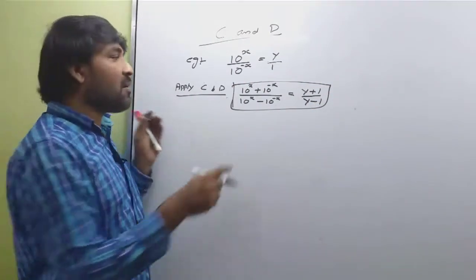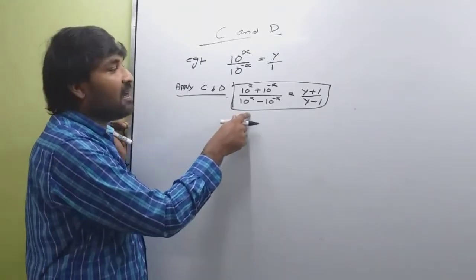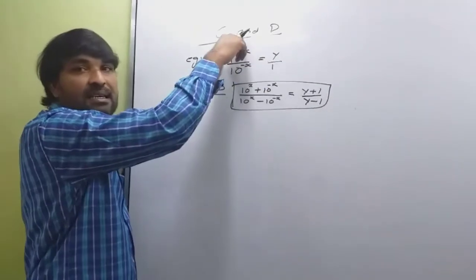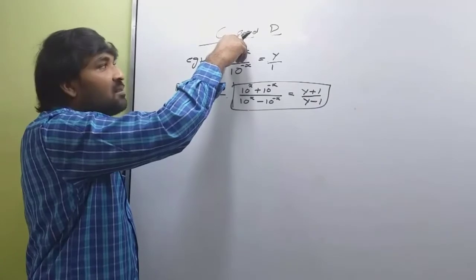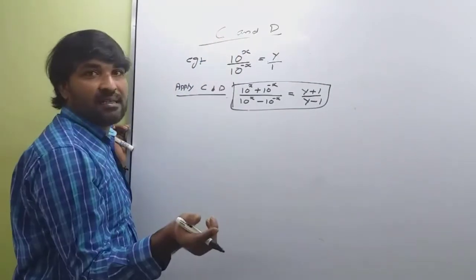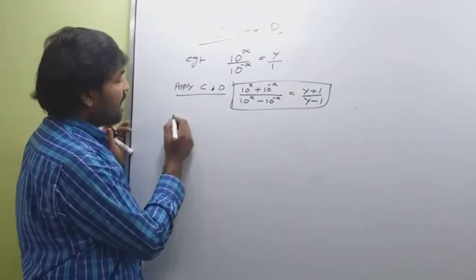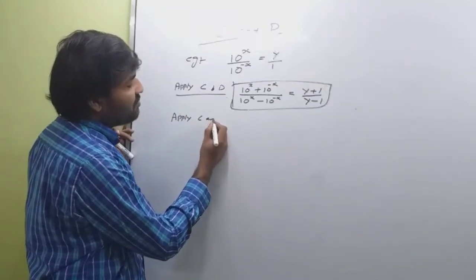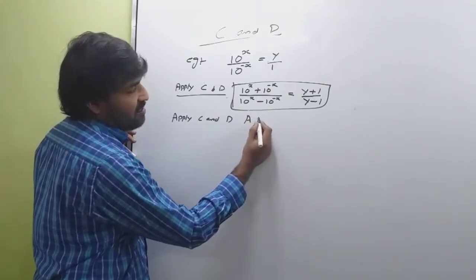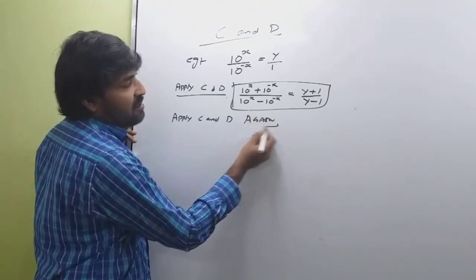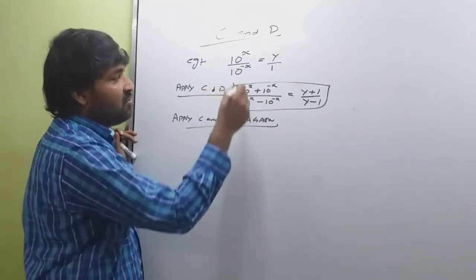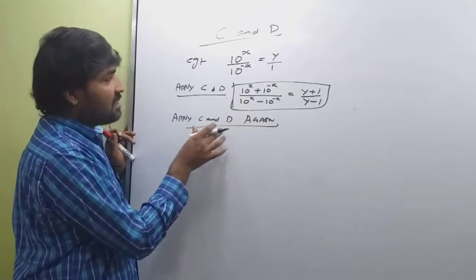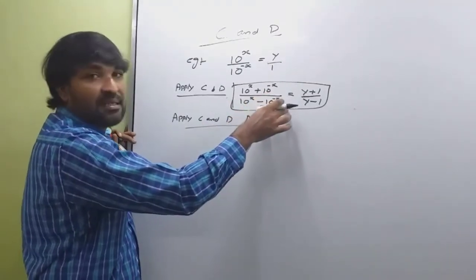Now if we apply C and D again, you will get the same ratio. That means I am going to apply C and D to this proportion.